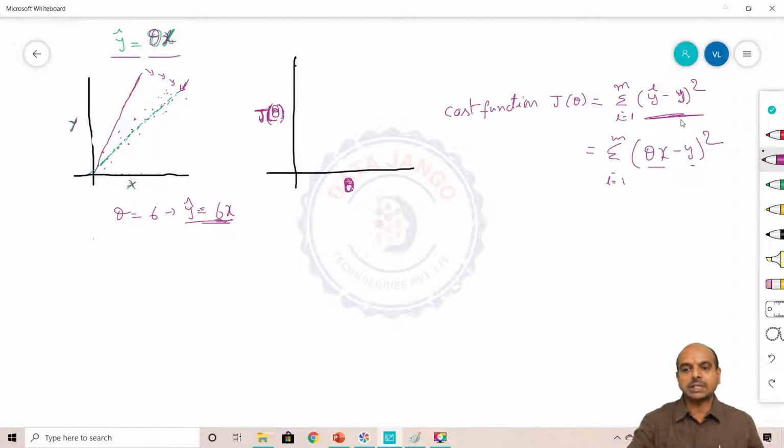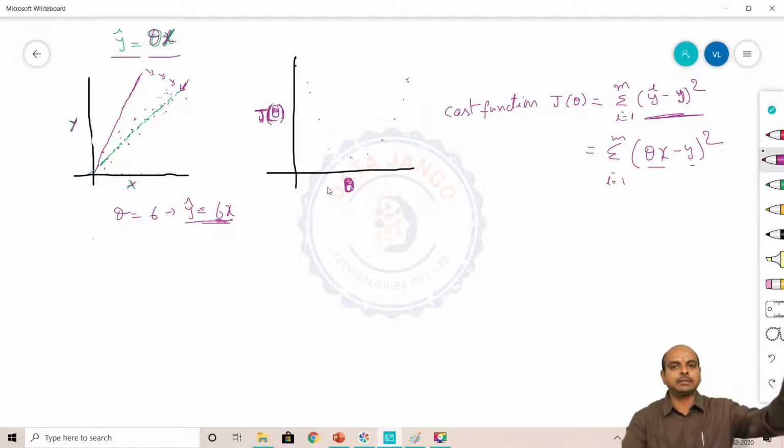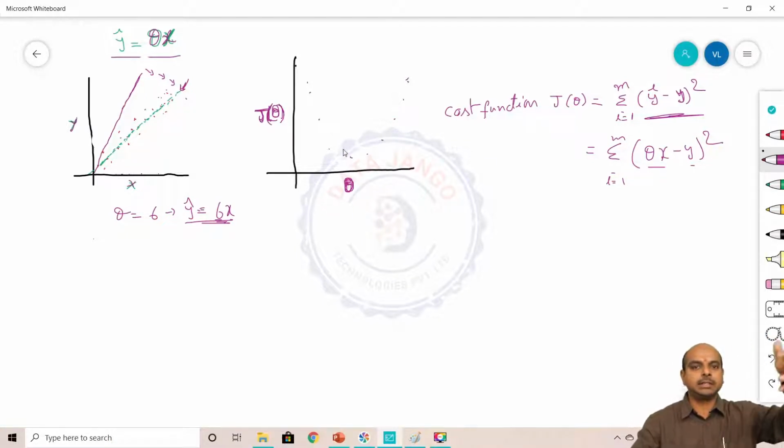If the cost function is convex, if you take different random thetas and try to plot the dots, the dots will come like that. If you take random thetas, like 6, 5, 10, 20, minus 5, minus 6, minus 8, minus 10, the dots will come like that.